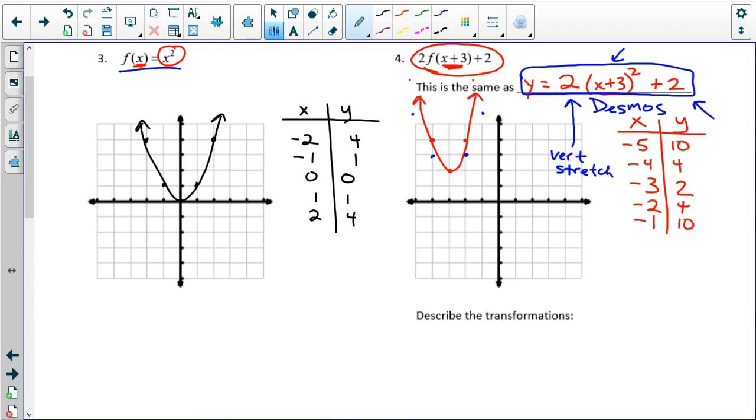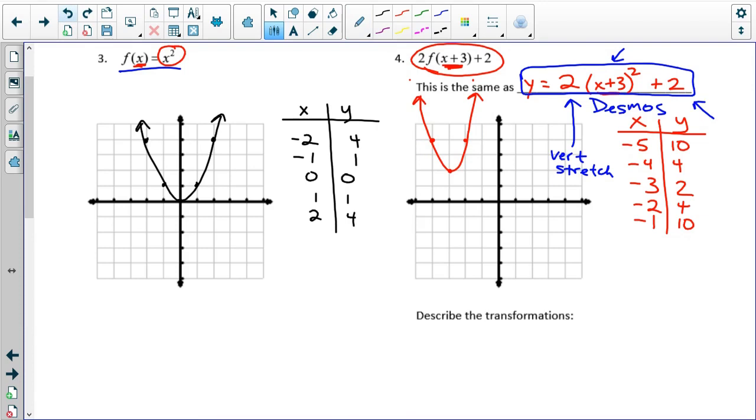So what I'm noticing is that my red graph, the actual graph of the function, is more narrow. That makes sense because that means it's getting stretched out. My y values are increasing faster.